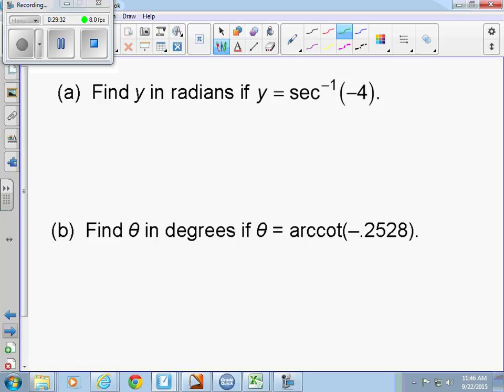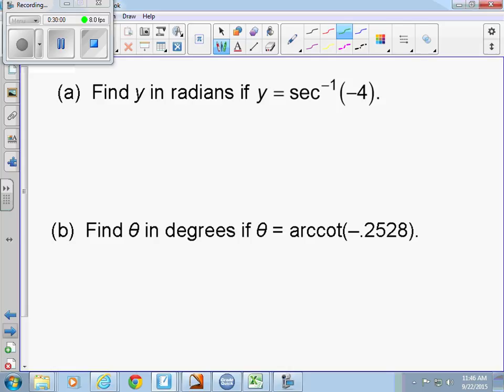And it asks me to find y in radians if secant inverse of negative 4. How in the world am I going to type that in my calculator? I don't even have a secant button, much less a secant inverse button. I'm going to need to think a little before I type it in my calculator.